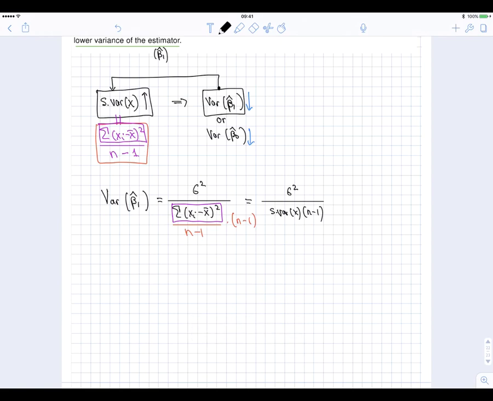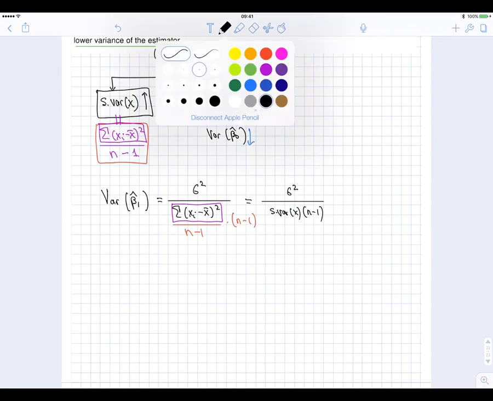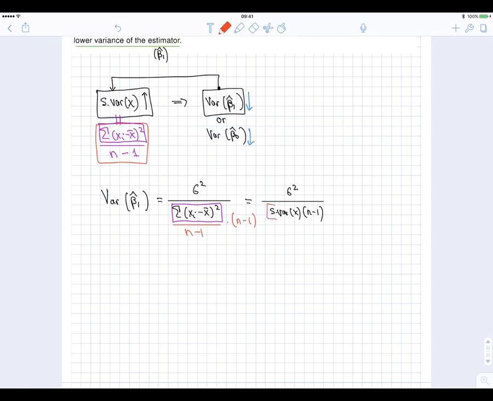Okay, that's what it comes out to be. So it's obvious now, and you would have proven this question, that if the sample variation of x is high, the variance of beta 1 hat would be low. There is an inverse relationship between those two measures.